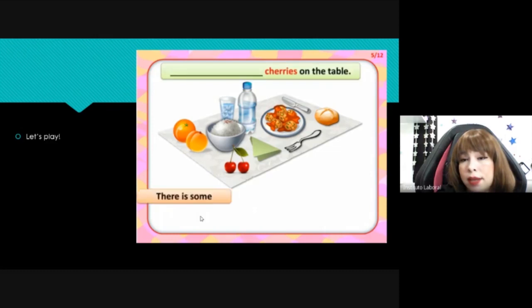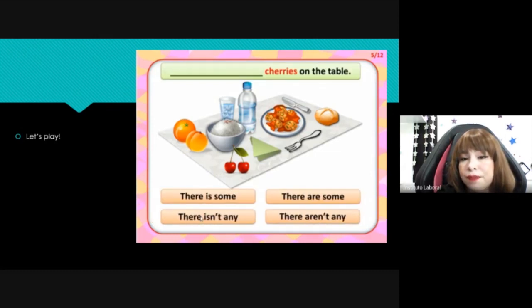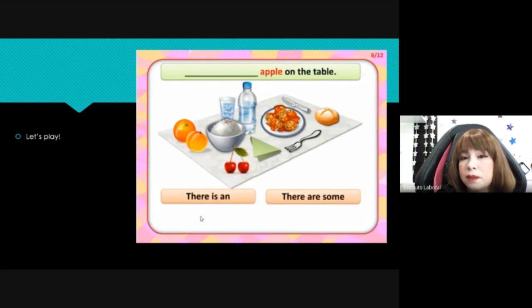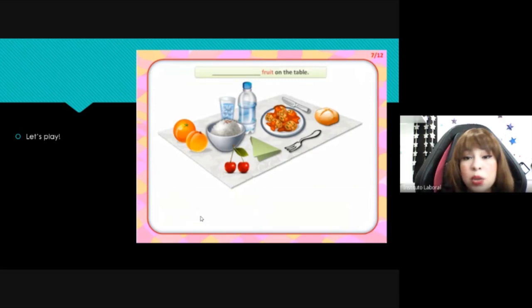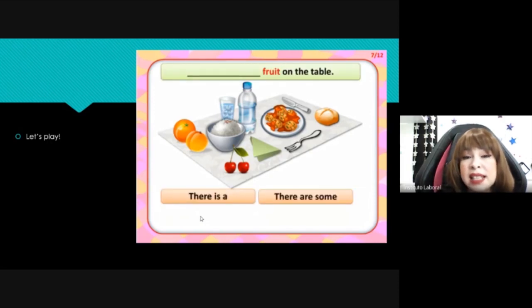Meatball, there are. That's plural, meatballs. Cherries, plural, there are some cherries. Apple, singular, there isn't. There is not. You can see that it doesn't exist.